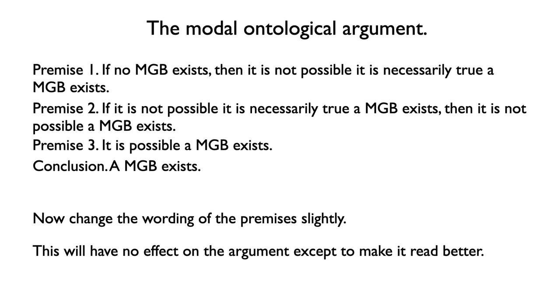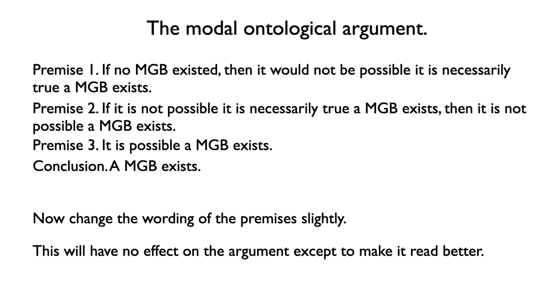This will have no effect on the argument except hopefully to make it read more smoothly. So the first premise, if no maximally great being exists, then it is not possible it is necessarily true a maximally great being exists. Let's rephrase this slightly as, if no maximally great being existed, then it would not be possible it is necessarily true a maximally great being exists.